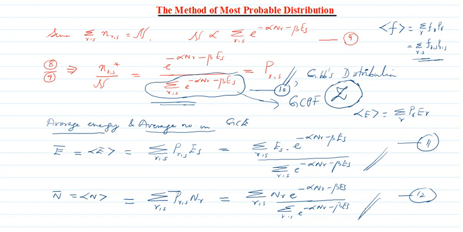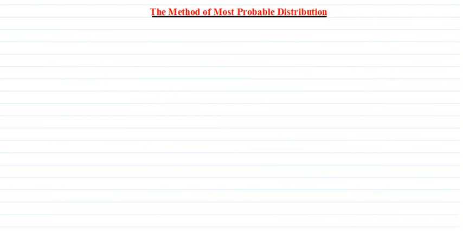Now, we will recall from our previous experience that we can show that equation number 11, by using the grand partition function, can be written as the average energy, that is E bar, is equal to minus dou by dou beta of log of Z. I think you are able to understand how that comes.